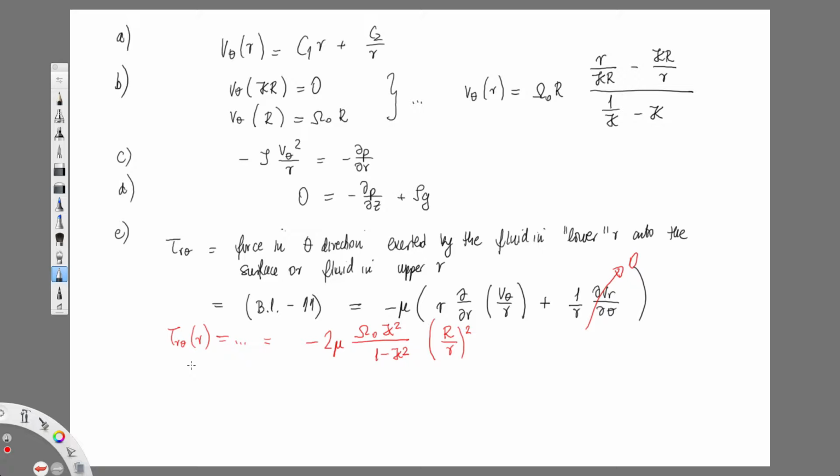All right. So now, if I have a surface element, the total force on a surface element will be tau r theta times the area of that element.